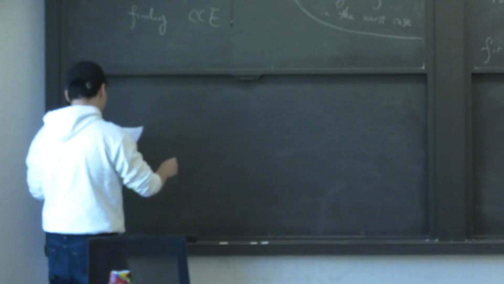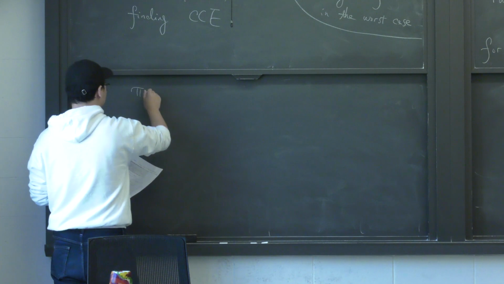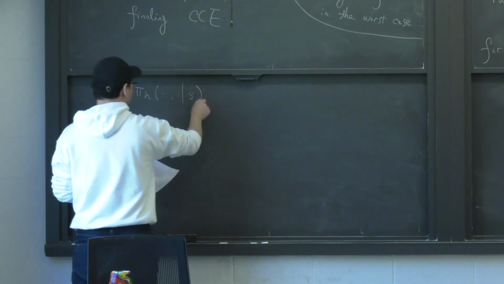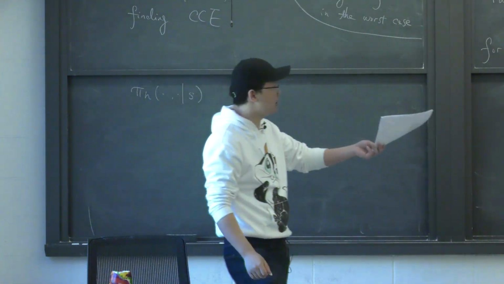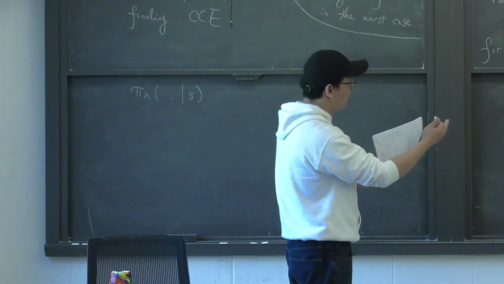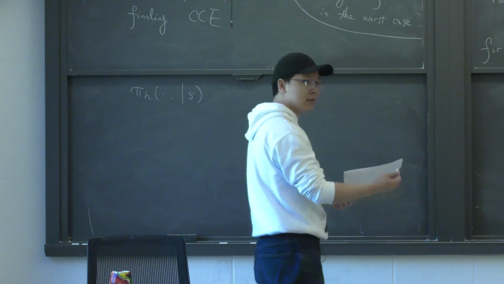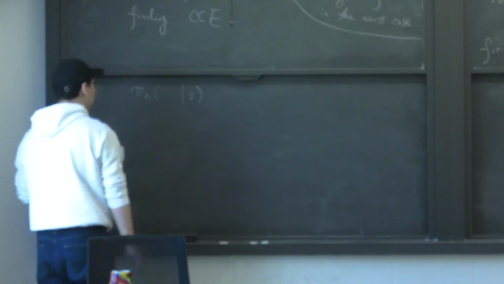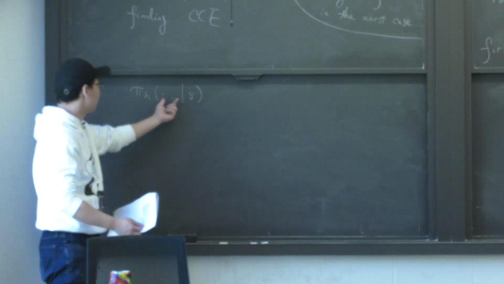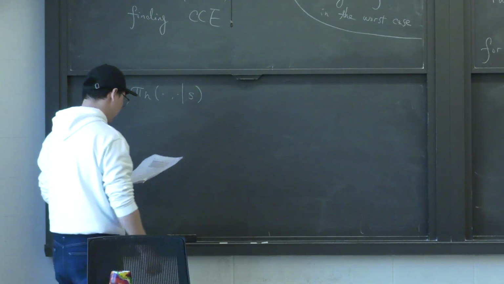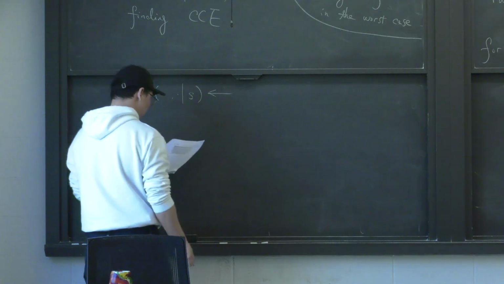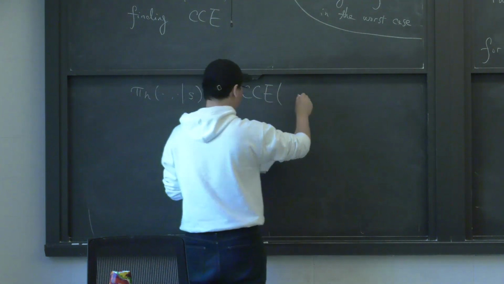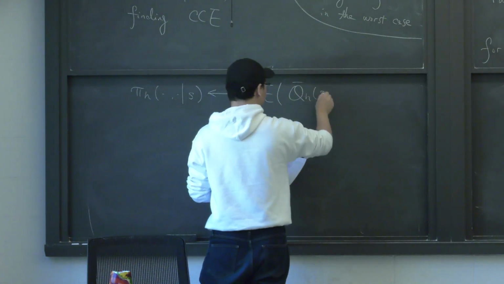The algorithm now becomes simply: we find a policy that is not necessarily a product. When we write mu and nu, that assumes the sampling of action A and action B is independent, so this is a product policy. But now we might have a correlated policy, that is, the sampling of A and B may no longer be independent. So we will compute this pi to be the CCE of Q upper bound and Q lower bound.